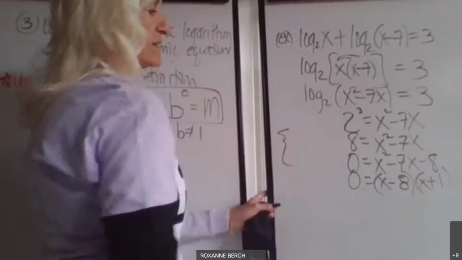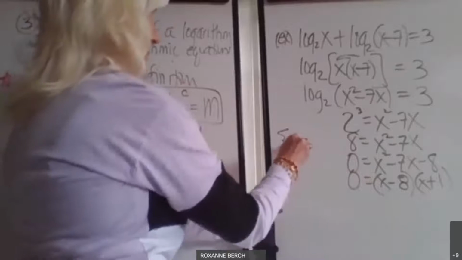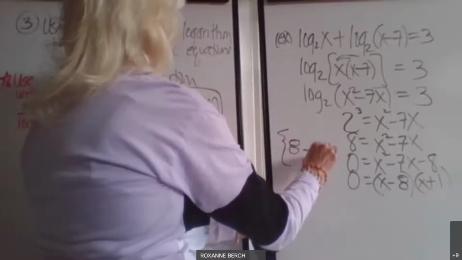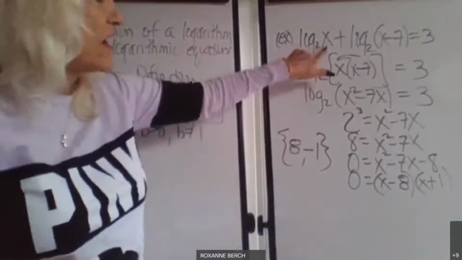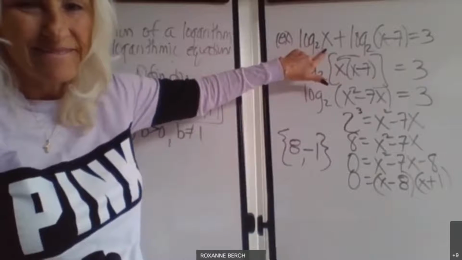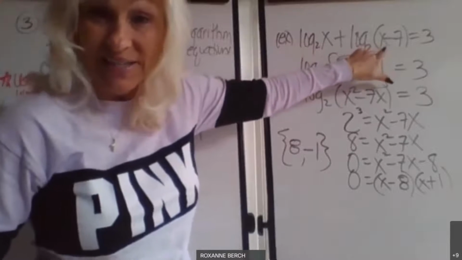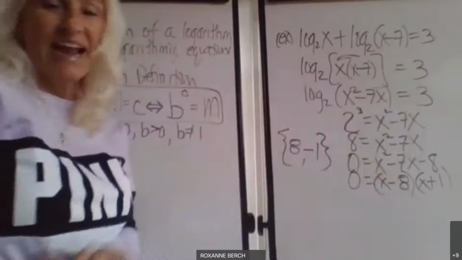Then we got to check. What makes that 0? 8. What makes that 0? Negative 1. All right, so here we go, guys. Can you have an 8 there? Yes. Okay, can you have an 8 minus 7? Yes. So that's a good answer.